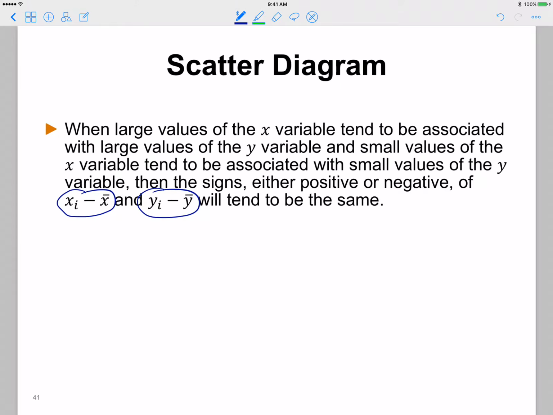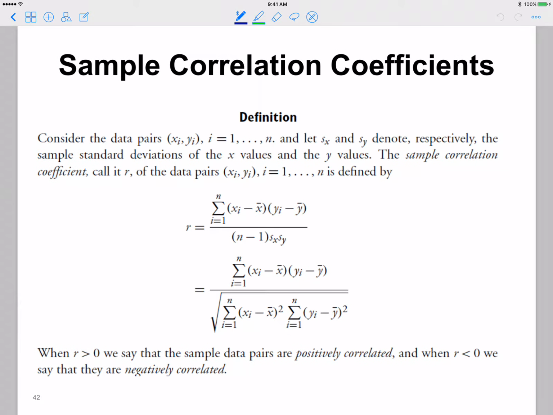In that case, it is represented with these notations. Based on the average value, or the centered value, if one variable gets larger than the center value, it means it is an increasing value with respect to the center.